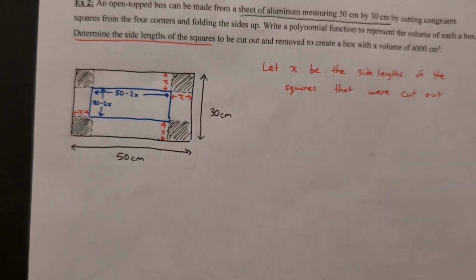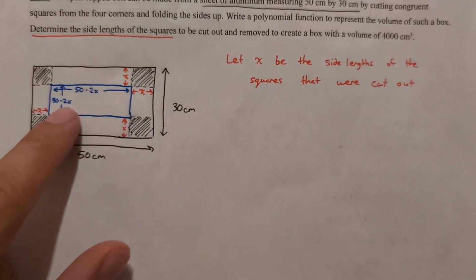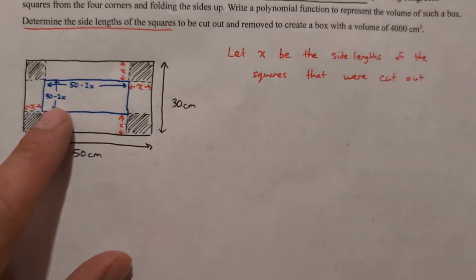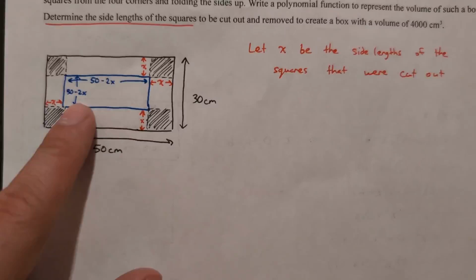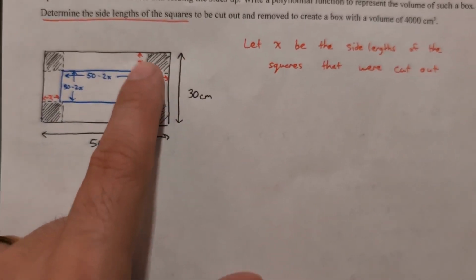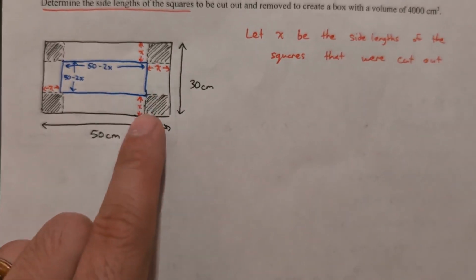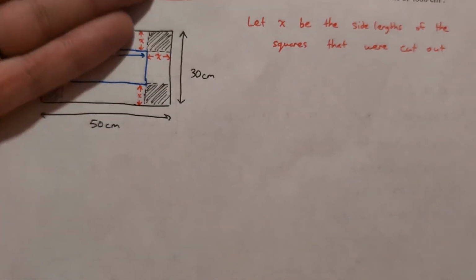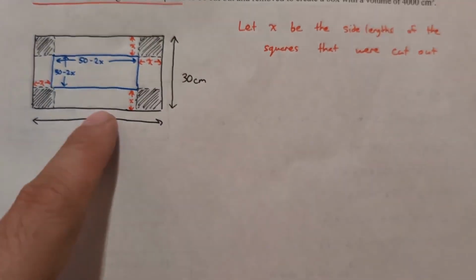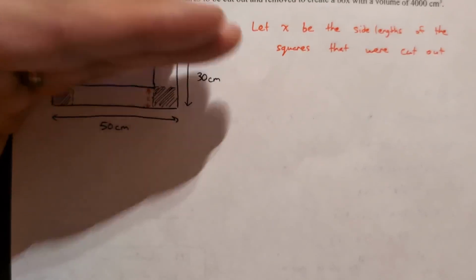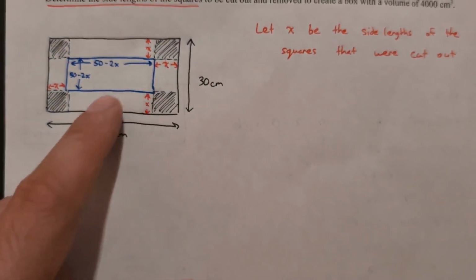Similarly, the other side of the base is 30 centimeters minus the x we cut out here and the x we cut out here, because these sides are the flaps that get folded up. They're going to be part of the height of the box, not the length or the width.